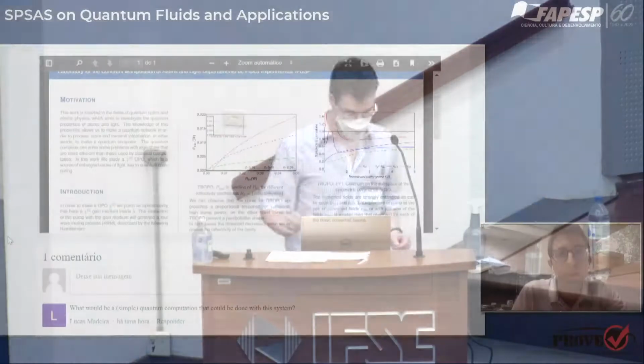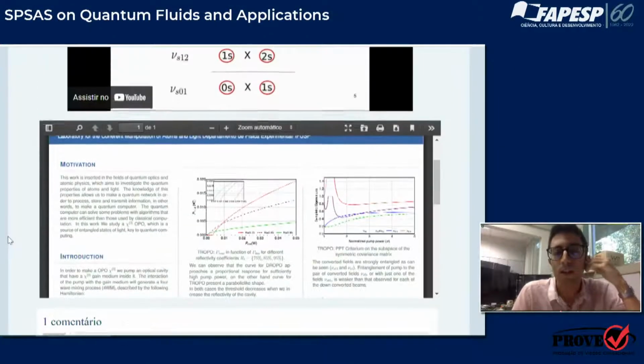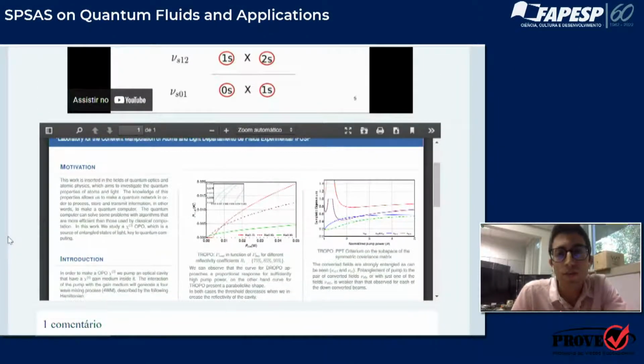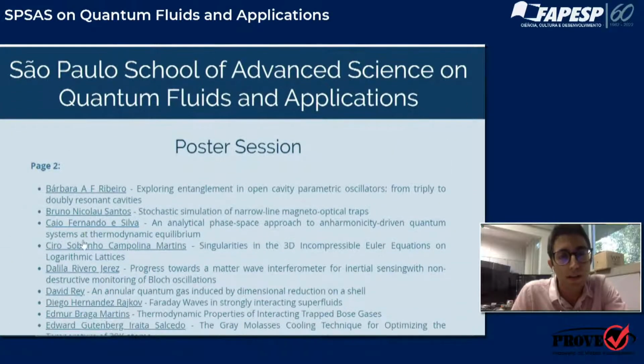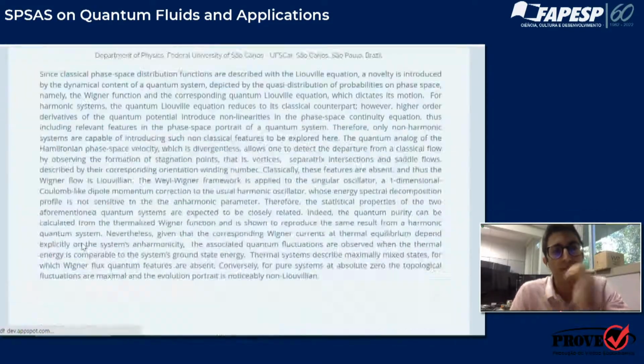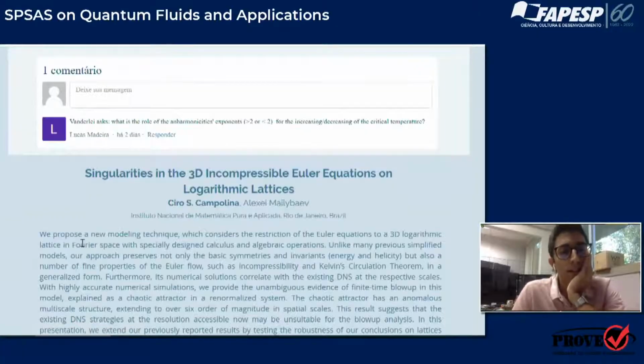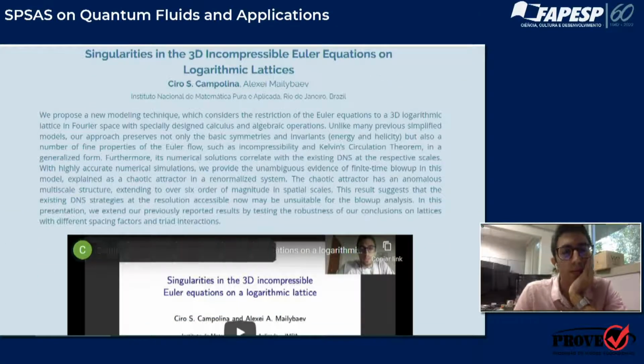Thank you very much to the organizers for taking part in this school and for the opportunity to present my work. My work is not exactly on quantum fluids, it's about classical fluids, but we apply a new technique which hopefully can be applied also to some formulations of, for example, superfluids.